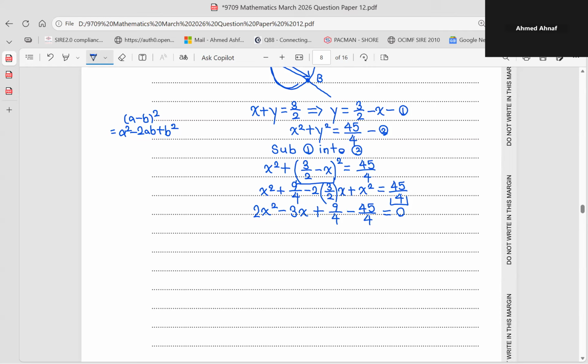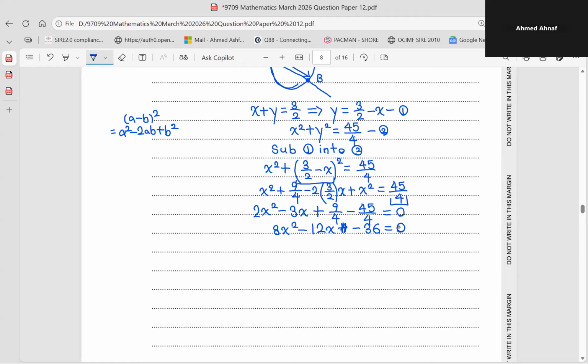To make things easier, let's multiply both sides of the equation by 4 to get rid of the fraction. So you get 8x squared minus 12x plus 9 minus 45. 9 minus 45 is minus 36, equals 0.